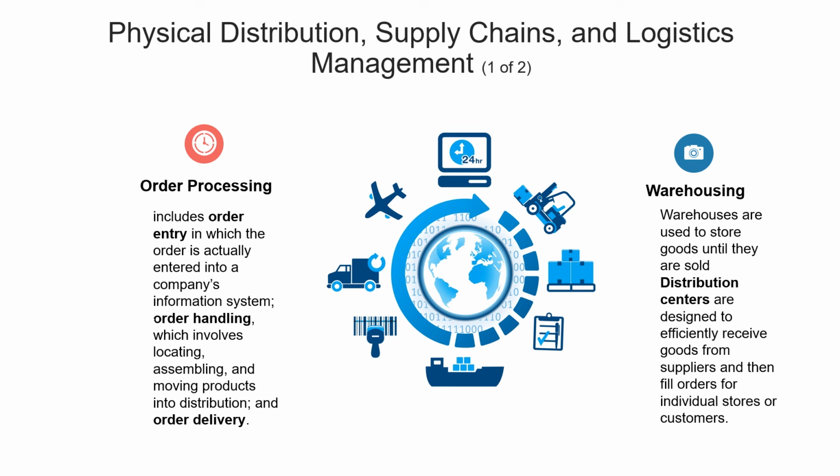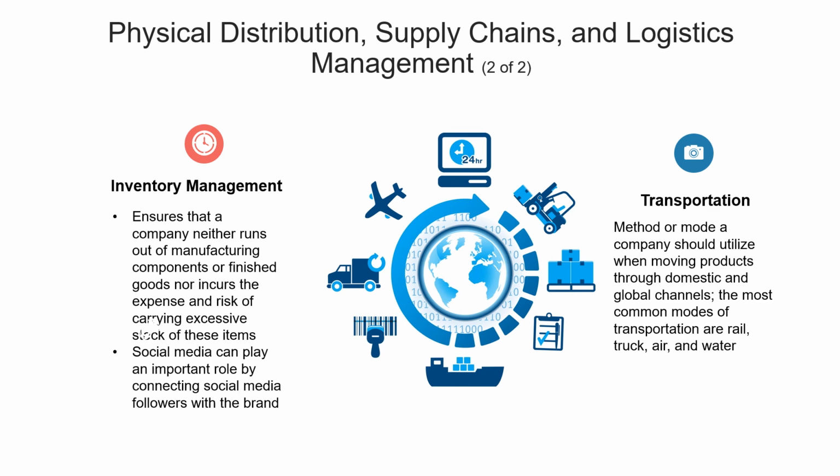Warehousing. Warehouses are used to store goods until they are sold. Distribution centers are designed to efficiently receive goods from suppliers and then fill orders from individual stores or customers.